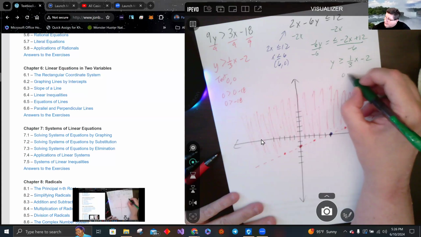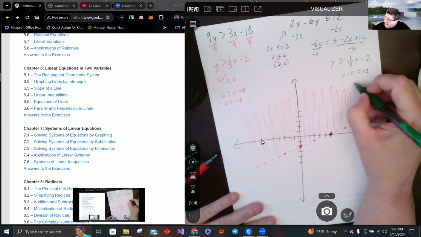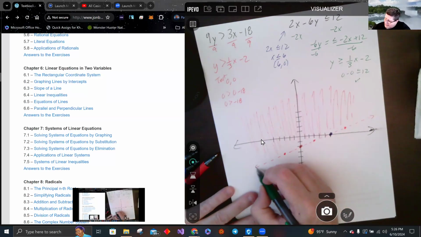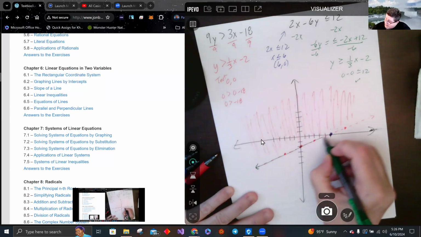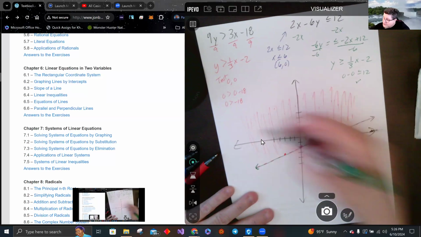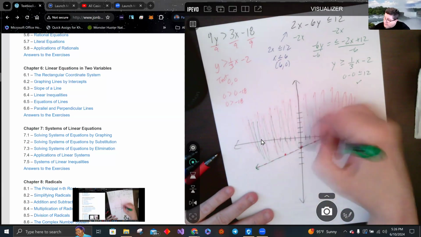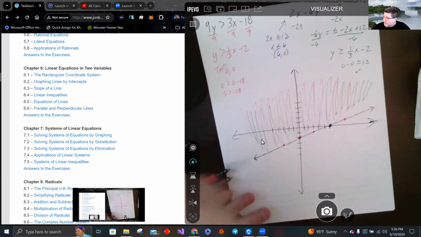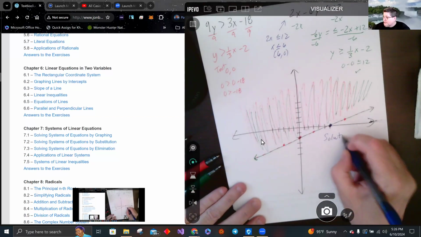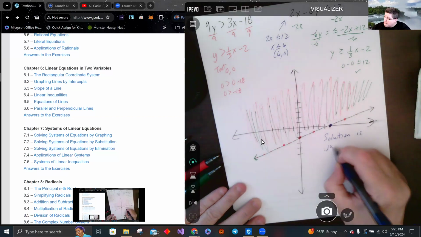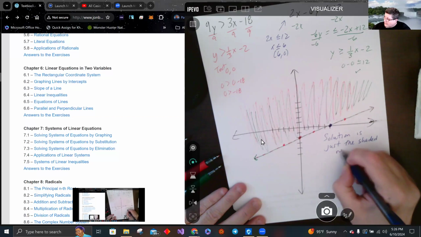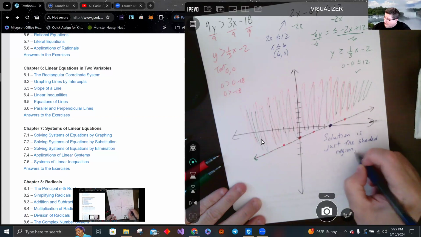And 0 minus 0, is that less than or equal to 12? Yes. It's the same line. This time it's solid for the green line, and it shades upward also. So here the solution is just the shaded region, not the line.